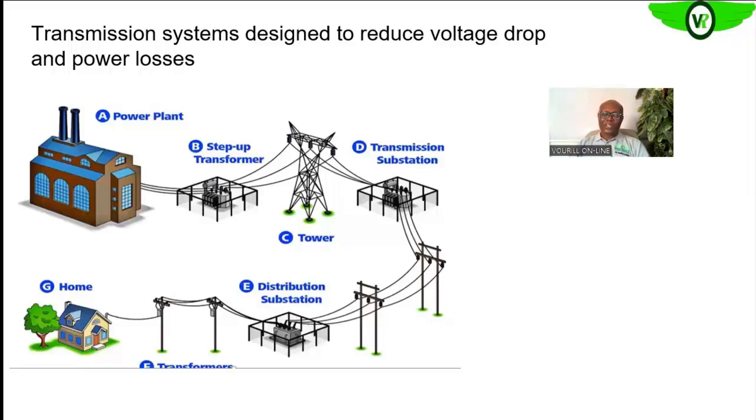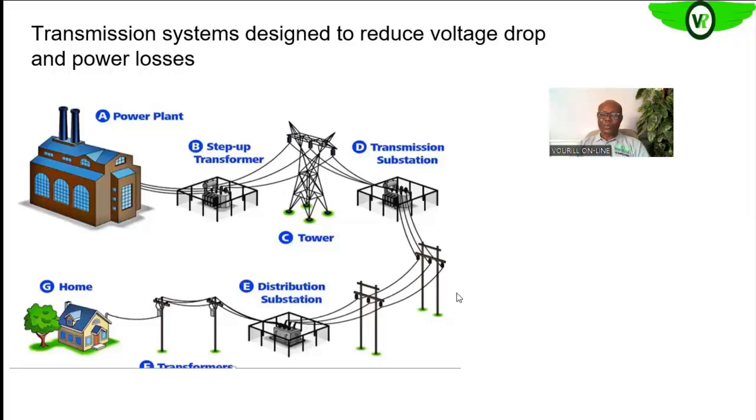Now, back to what we said earlier, you can see that the voltage that is generated maybe at 11 kV, we cannot send that 11 kV, say, down to this particular substation, where it is stepped down from 33 kV to that 11 kV.